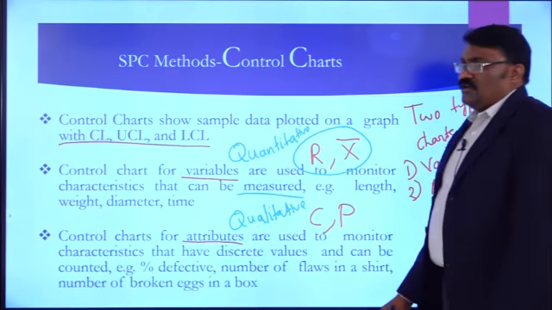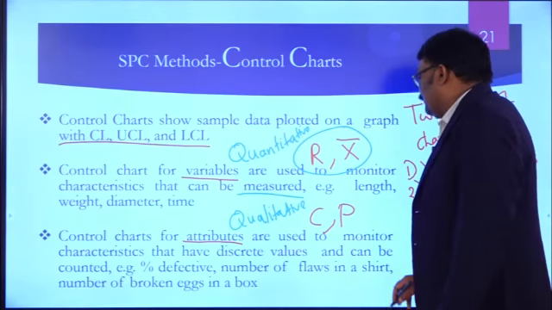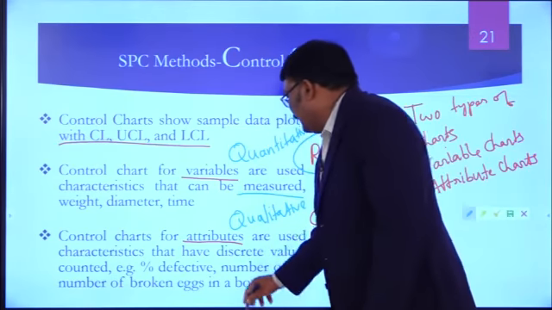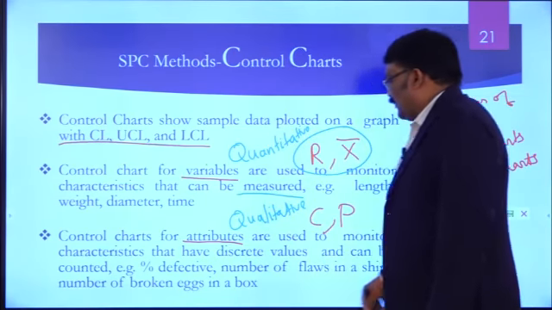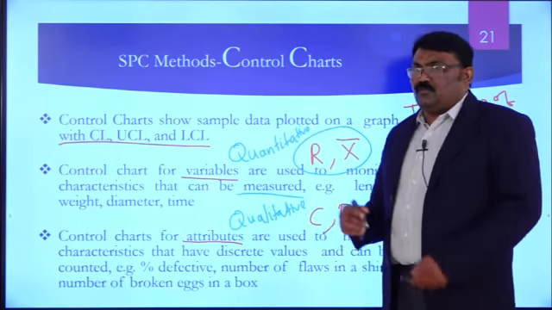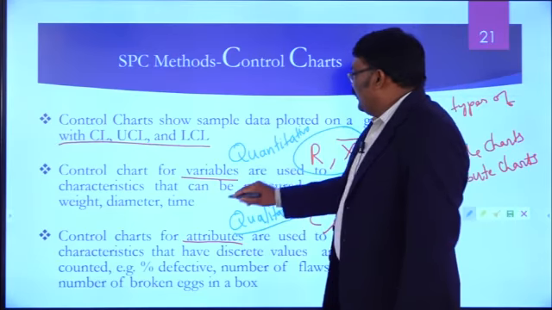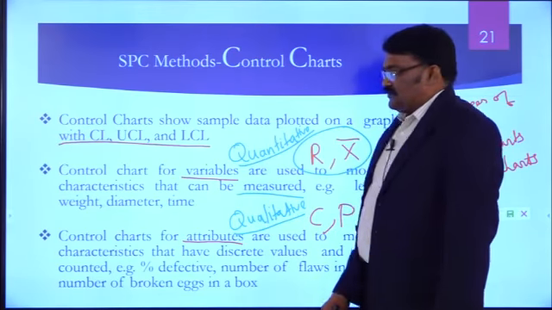Here, it is qualitative. That means the characteristics have discrete values and can be counted, for example percentage of defectives, number of flaws or number of broken items. So attributes relate more to qualitative measures and variables relate more to quantitative measures.